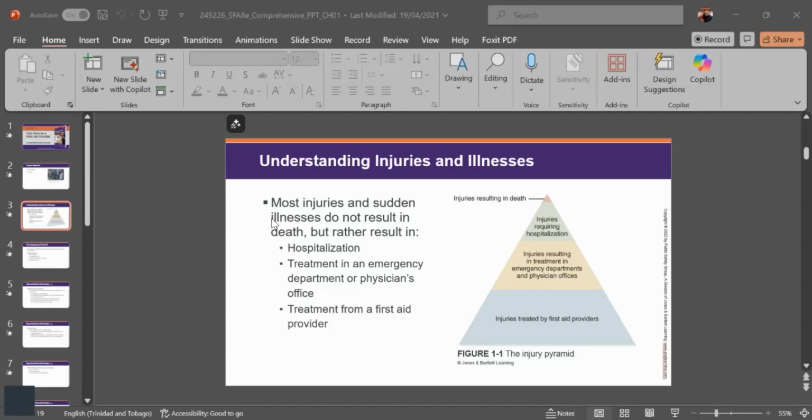Injuries that require hospitalization, such as, let me hear you, what cases, medical or trauma, do you think someone will require hospitalization for? Anybody? A severe motor vehicle accident. Yes, a severe motor vehicle accident. That's one, thank you. Somebody else? A third degree burn.